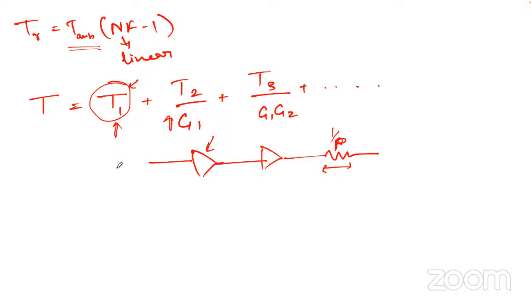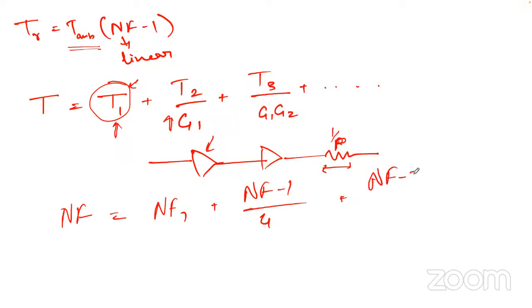Now, similar to this, if you have an effective noise figure, you can calculate it by NF1 plus (NF2 minus 1) by G1 plus (NF3 minus 1) by G1 G2, and so on.